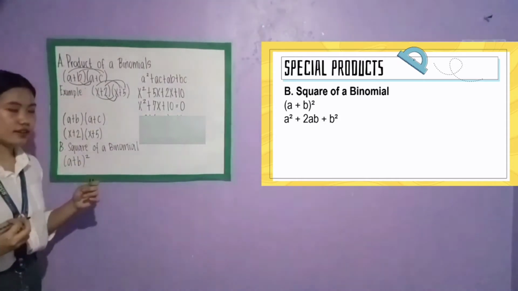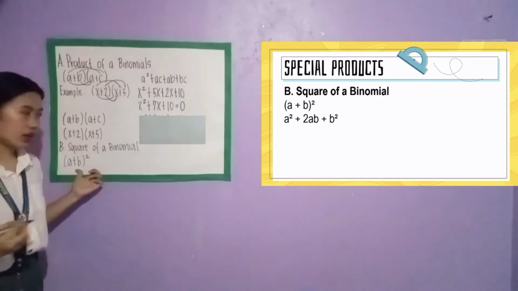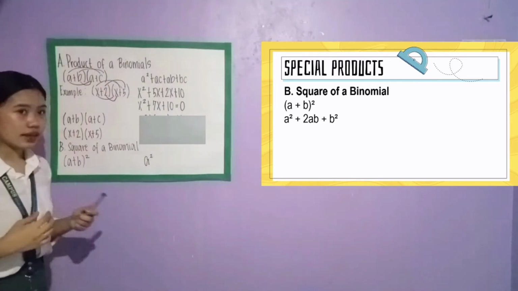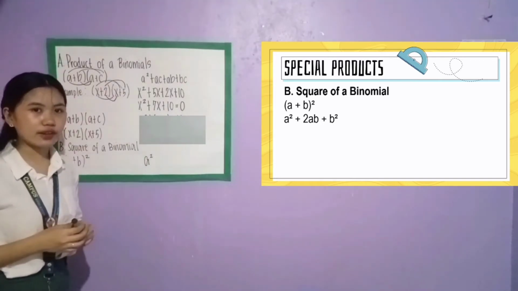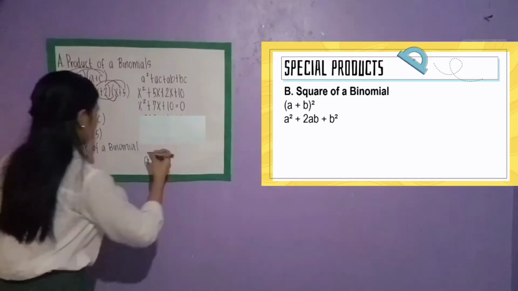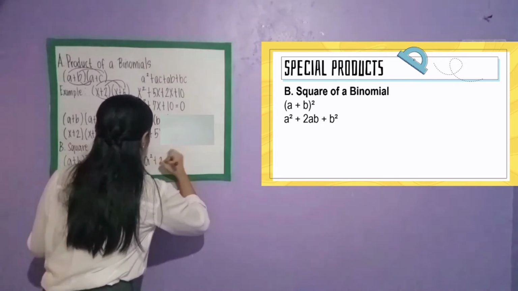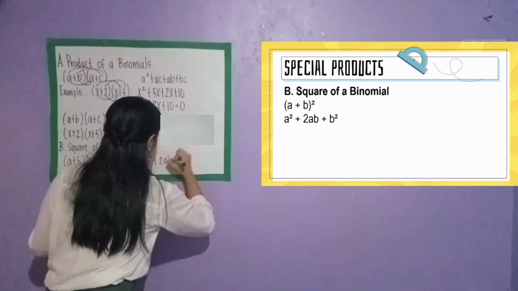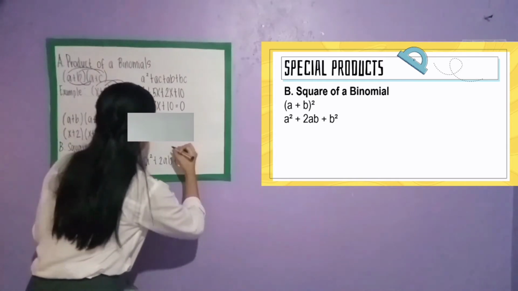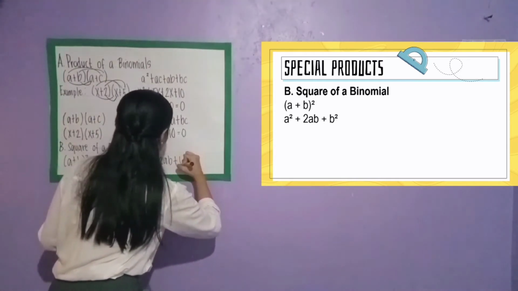So, a times a is equal to a squared. And add it to twice the product of a and b. The last term will be the square of the given binomial, which is b squared.